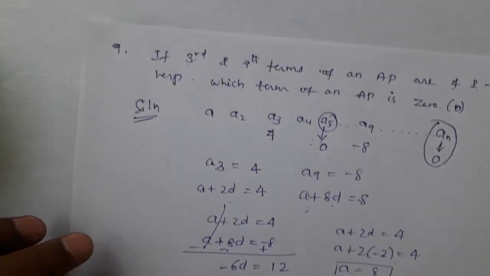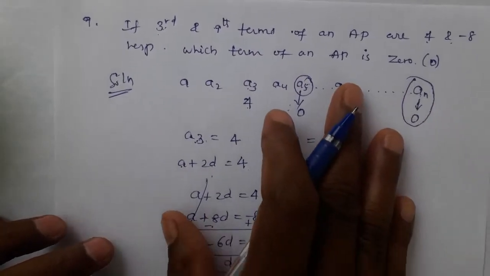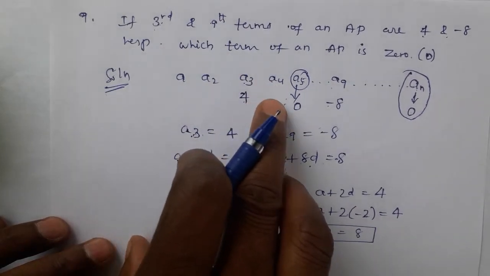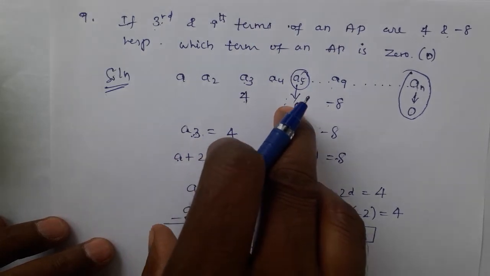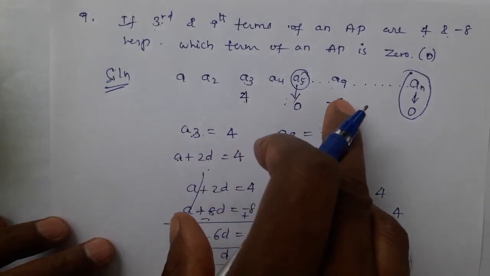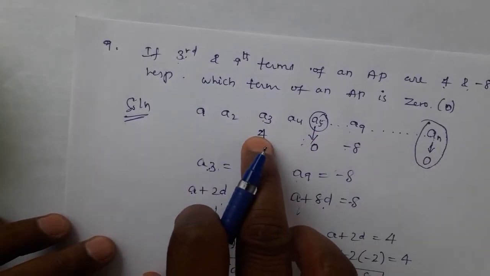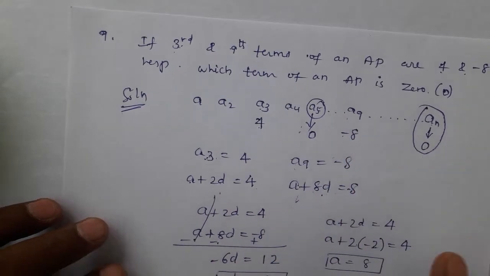Minus 2 is decreasing. You know that to get the next number we have to add D. For 4, minus 2 is added, it becomes plus 2. For plus 2, again minus 2 is added, we will get 0. For the 0, again minus 2 added, minus 2, minus 4. Here D is minus 2, it is decreasing by 2, 2, 2. 4, 2, 0, minus 2, minus 4, minus 6, minus 8. Like that it is going on.